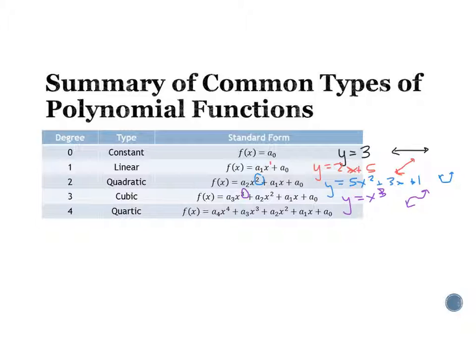And our last one is a quartic, and it has degree 4. Okay, and it could just be even something like y equals x to the 4th. And it can graph something like that. So have those written down and have their types by them, and then we'll talk about them in class.